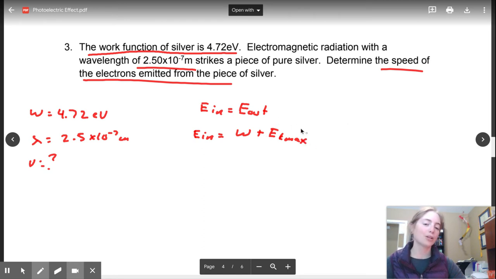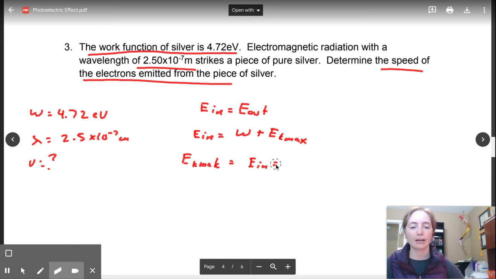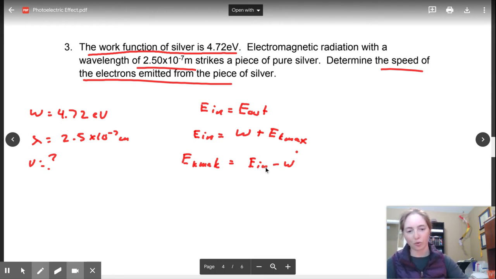Well, if we're going to be finding the speed, we need to find our EK max. So I'm going to subtract work function from both sides. So that's going to equal my incident energy minus, that should be a minus, not an equals, the work function. Well, we have the work function, so we don't need to break that down into its other equation. But the incident energy of that photon, we are going to need to break that down.